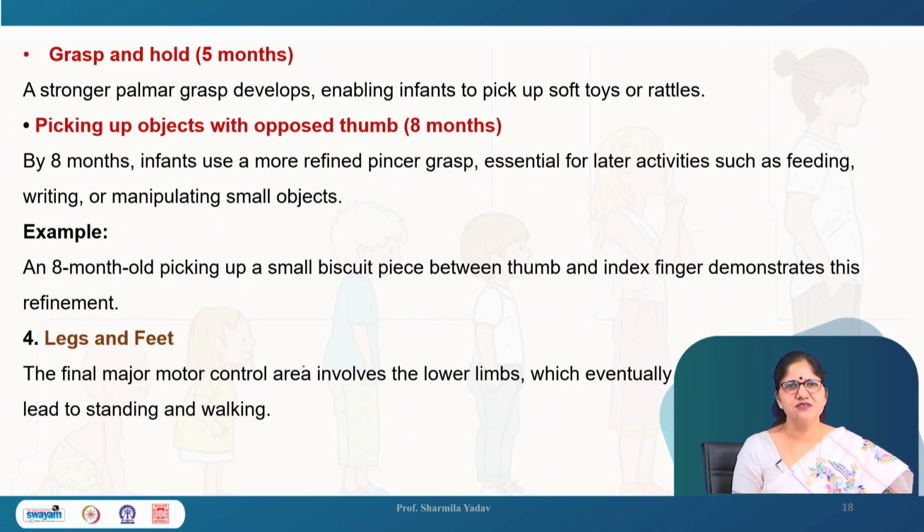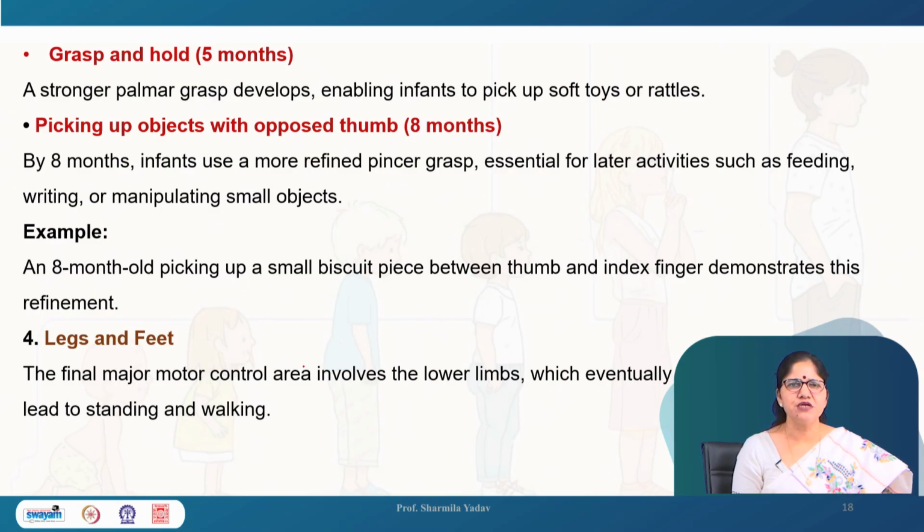By 8 months, infants use a more refined pincer grasp, essential for later activities such as feeding, writing, or manipulating small objects. For example, an 8-month-old picking up a small biscuit piece between thumb and index finger demonstrates this particular refinement.